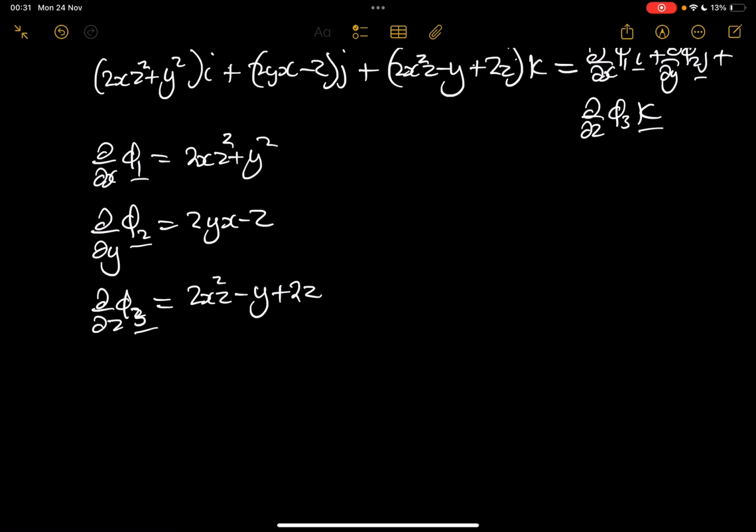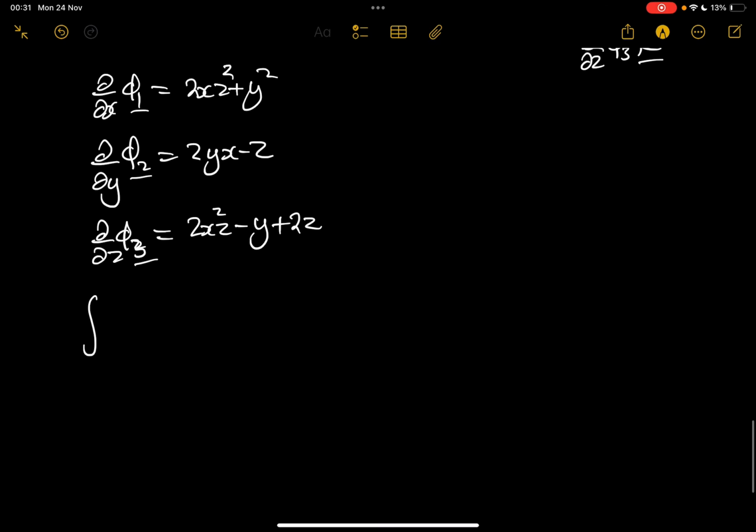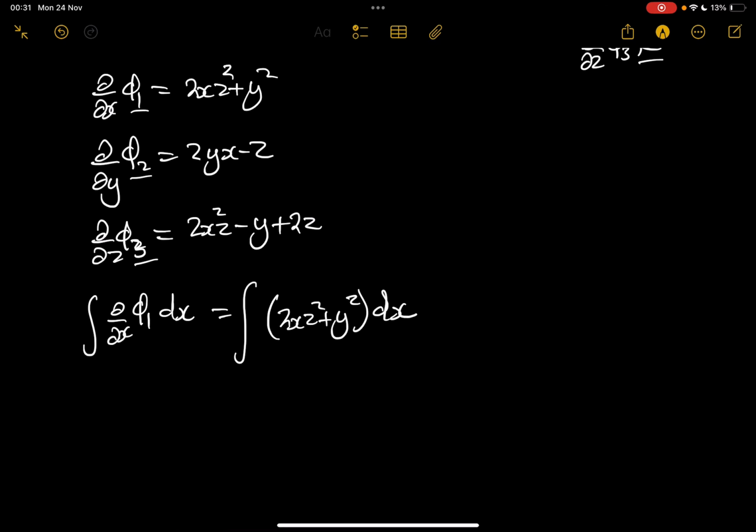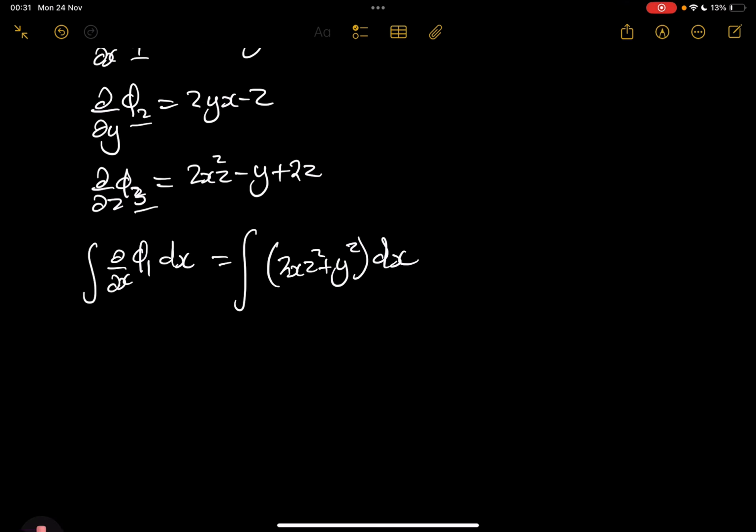Now you just need to find phi 1, 2, 3, which means you're going to integrate both sides. Integrating del x phi 1 with respect to x, because there's x here, you do that on the other side, the integral of 2xz squared plus y squared dx. Integrating this with respect to x, you get phi 1 equals x squared z squared plus y squared x plus c1.